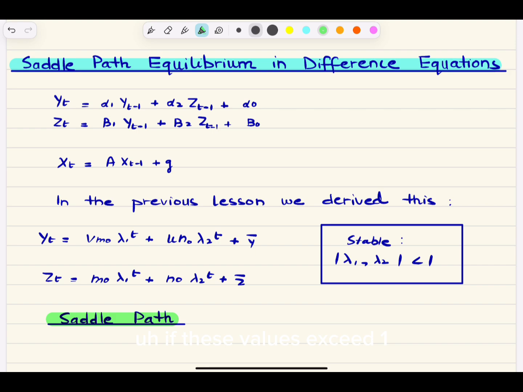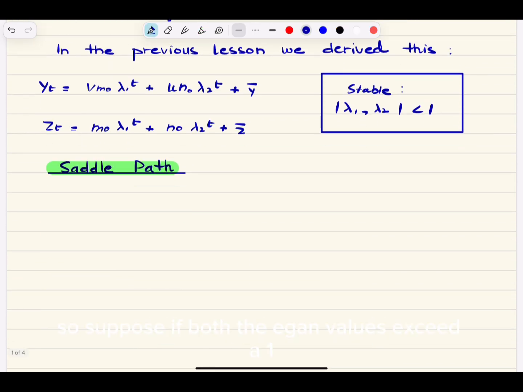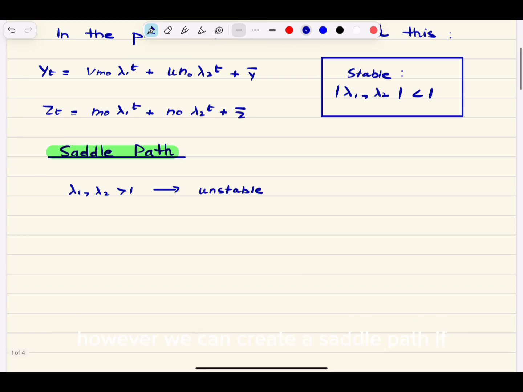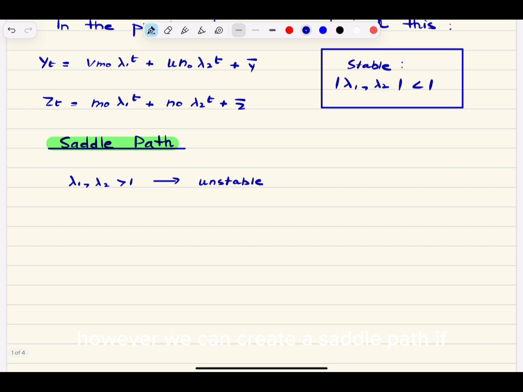If both the eigenvalues exceed 1, then we have a system which is completely unstable. However, we can create a saddle path if one of the eigenvalues is stable and the other one is unstable. So in this scenario, we can find a saddle path.